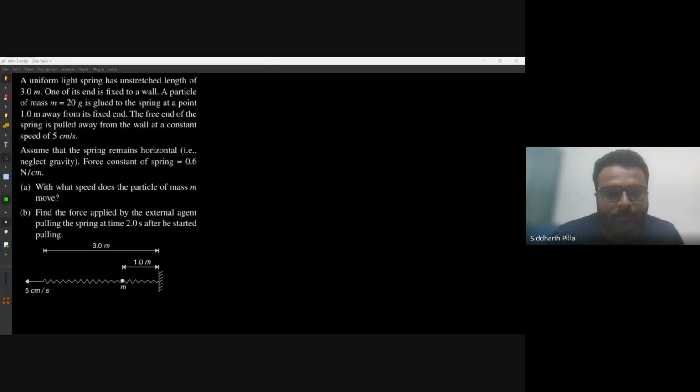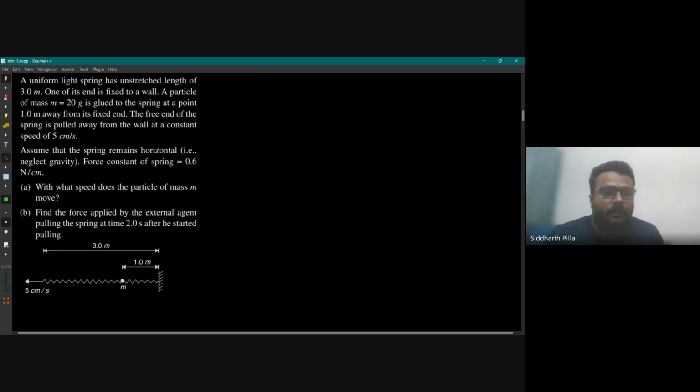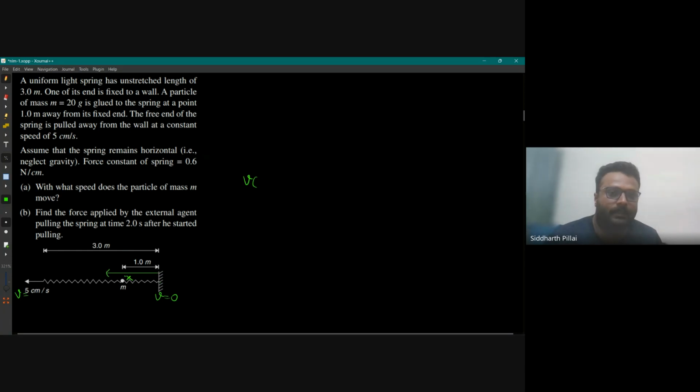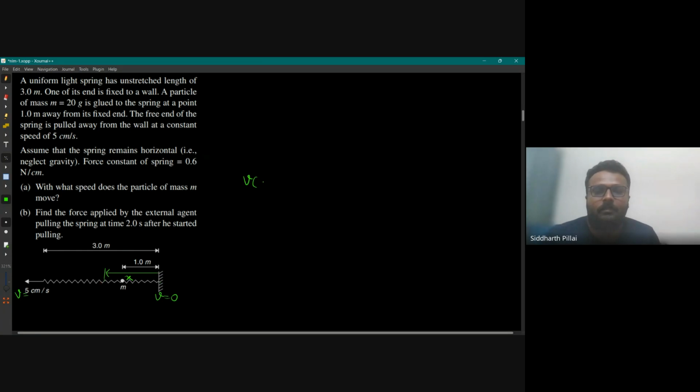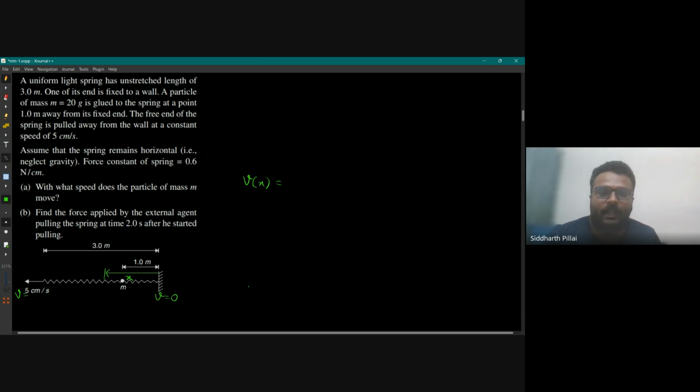All right, let's see. So like I said, here the velocity is 0 and here velocity is 5 centimeter per second. Let's assume that it is linearly changing from 0 to 5. So I can say my velocity as a function of, let's say, distance x from here, right? At any distance x from here, let's calculate the slope basically, change in velocity over change in x.